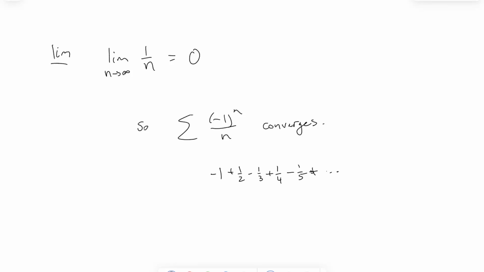Anybody happen to know what this adds up to? It's a fun fact. Starting with a minus sign, it adds up to negative ln of 2. How you like that? It's true. But this is very weird. In order to actually calculate this is a totally different thing. So maybe I'll put this in parentheses.